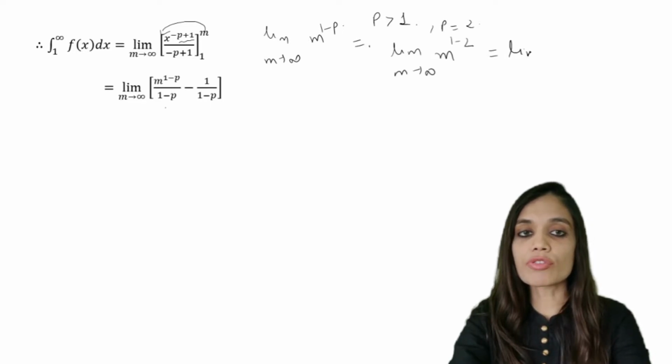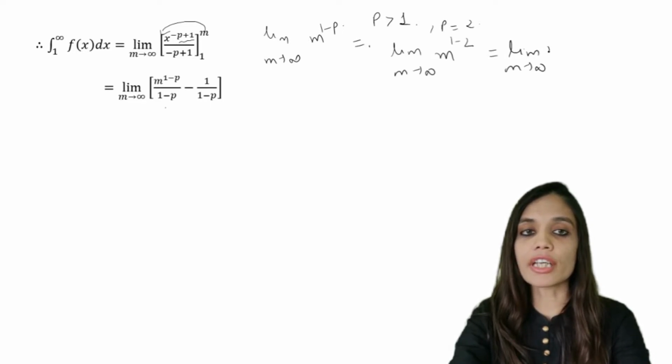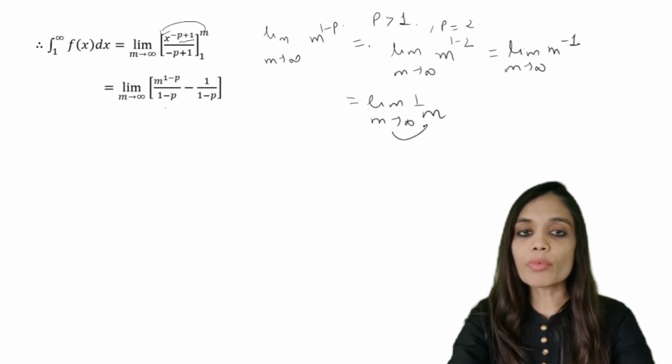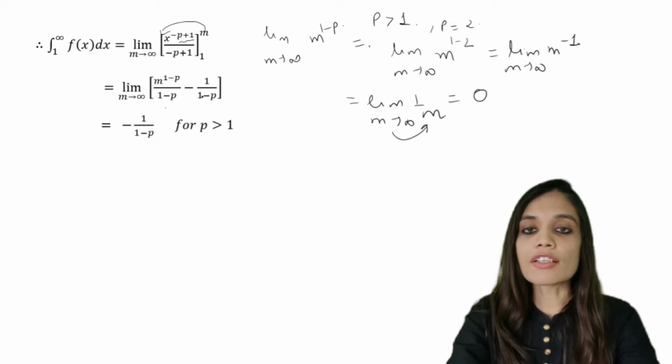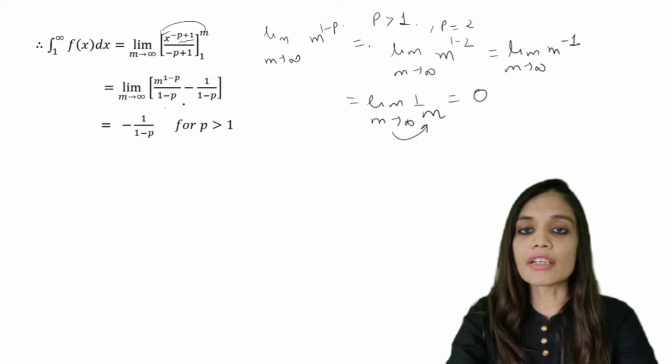Then that will be equal to limit m tends to infinity of m raised to minus 1, which can be written as limit m tends to infinity of 1 upon m. After putting the limit, you will get the answer as 0.